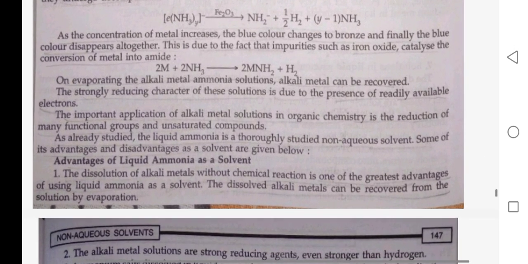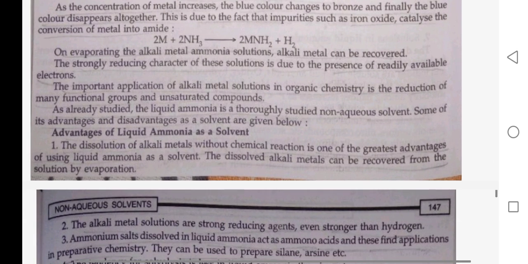As the concentration of the metal increases, the blue color changes to bronze, and finally the blue color disappears altogether. This is due to impurities such as iron oxide, which catalyze the conversion of the metal into amide. On evaporation of the alkali metal ammonia solution, the alkali metal can be recovered.